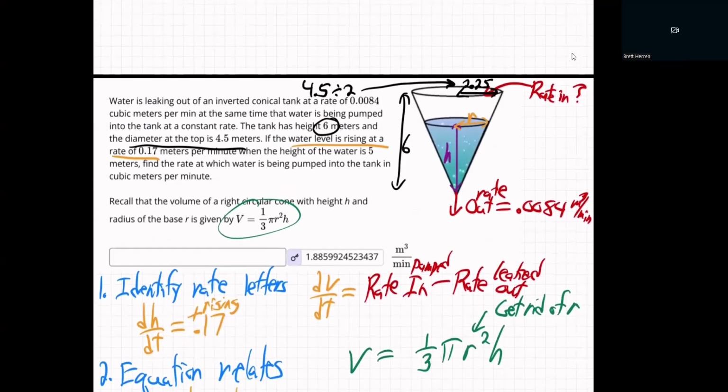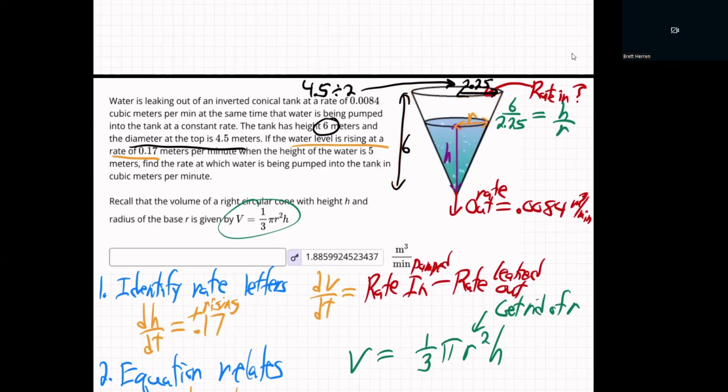We've done this before. It's all about this similar triangle thing. We say 6 is to 2.25 as h is to r, because the overall height of the cone is to the overall radius of the cone as the water cone's height is to the water cone's radius. The ratio of h to r is the same for the overall cone and for the little water cone.